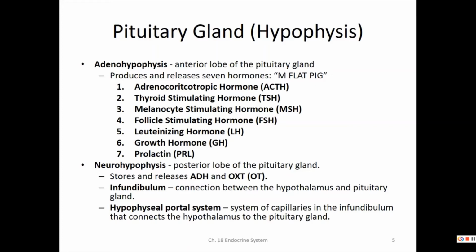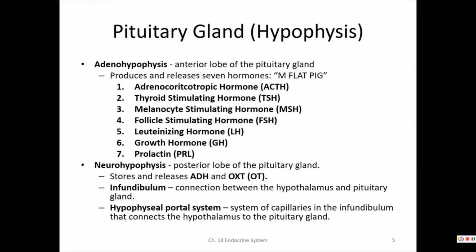It is tropic. A tropic hormone is if I've got a gland and it releases a hormone, and that hormone goes to another gland to make that gland release a hormone. The first hormone was tropic. So this hormone here, adrenocorticotropic hormone, is released from the anterior pituitary, goes to the adrenal cortex, and makes the adrenal cortex release its hormones.